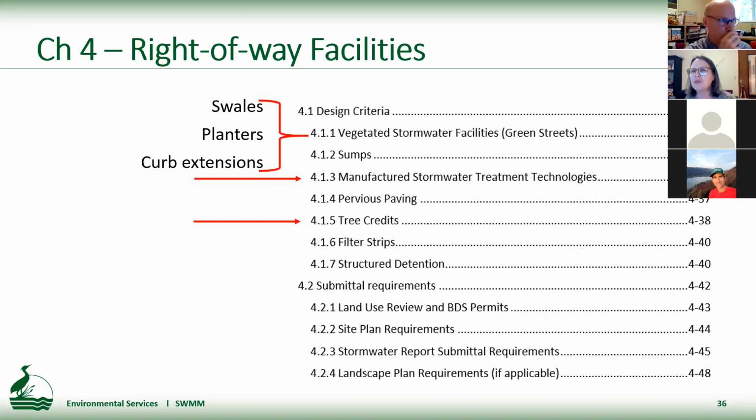So I'm going to talk about Chapter 4, which are the design requirements for facilities that are allowed in the right-of-way. So this is a new organization, as Henry mentioned. Chapter 3 is the private facilities, and these are the right-of-way facilities.